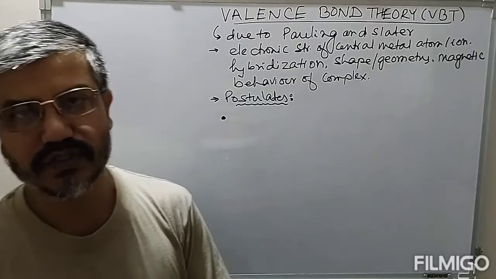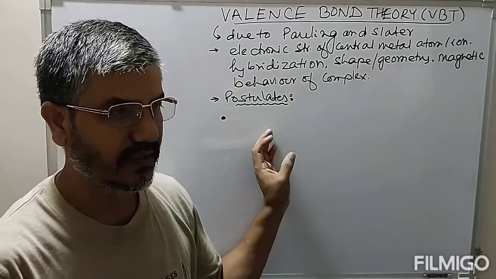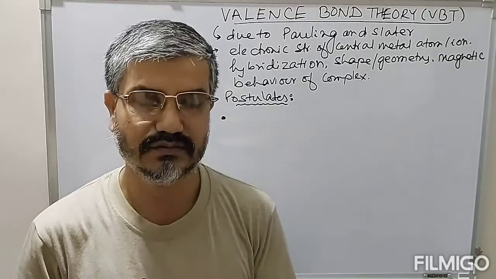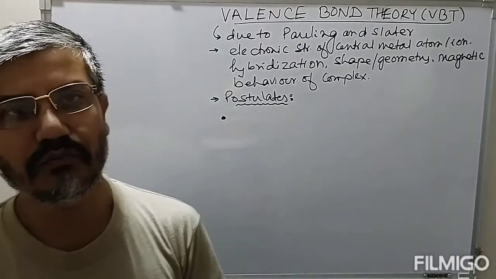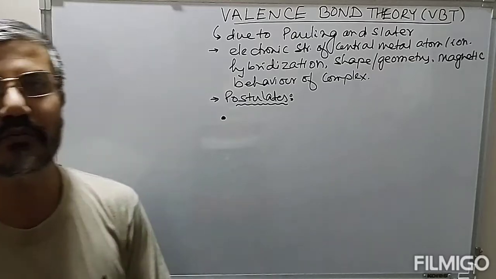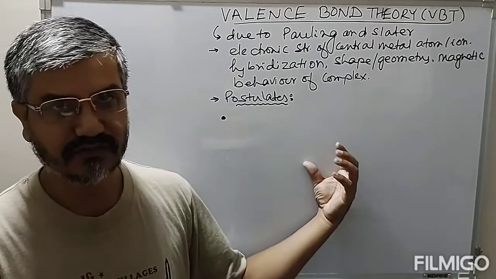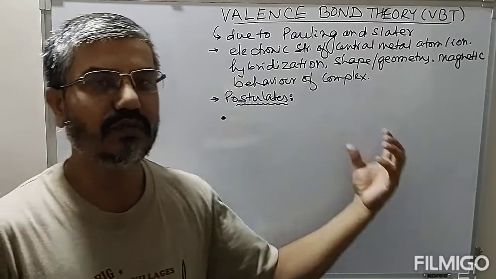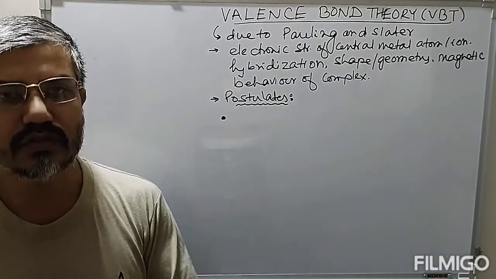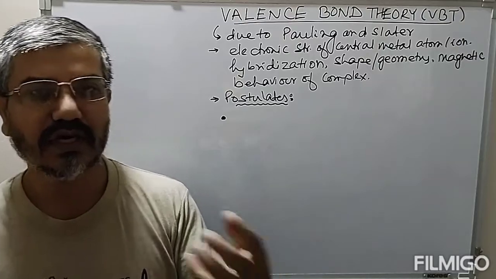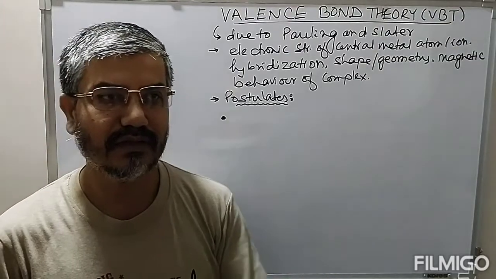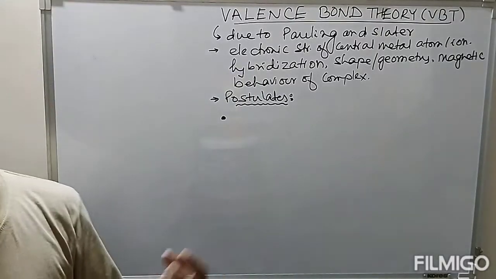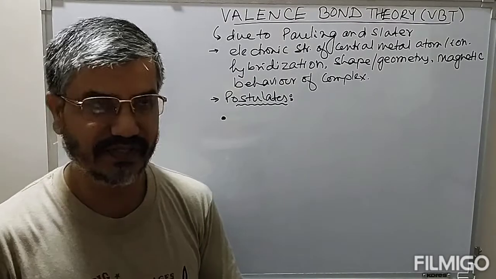An important first postulate of this valence bond theory is that the metal atom loses electrons and is converted into a metal ion before the formation of the complex. Though there are many complexes in which the central metal atom exists in zero oxidation state, in the majority of cases the central metal loses some electrons and is converted into the metal ion, and the charge on the metal ion is equal to the valency of the metal ion in the complex.